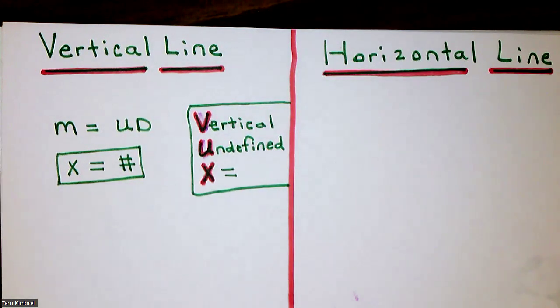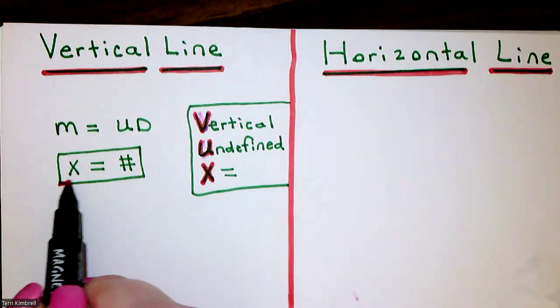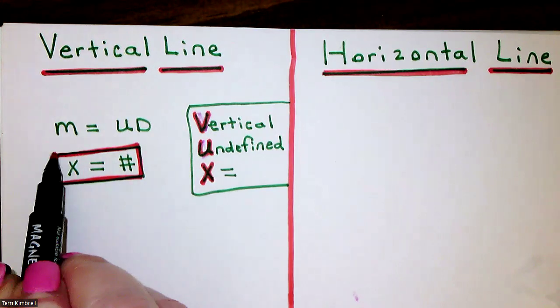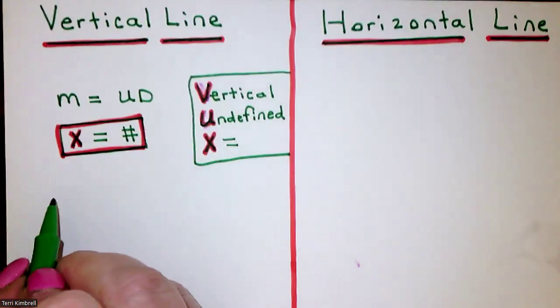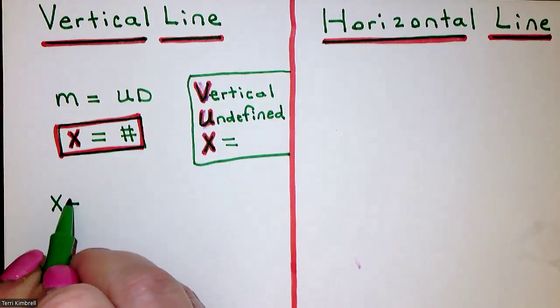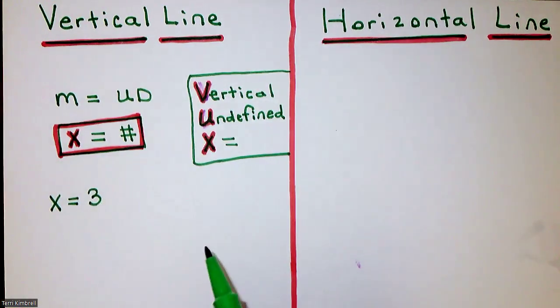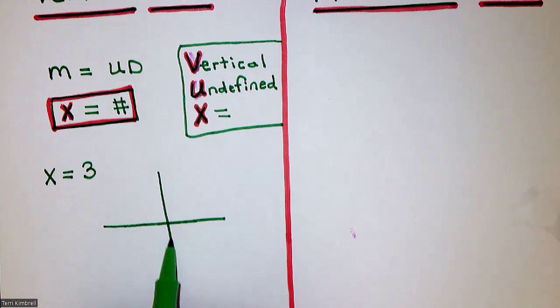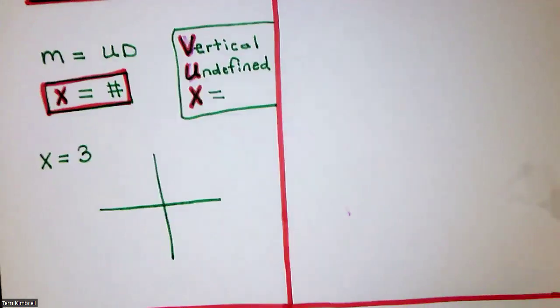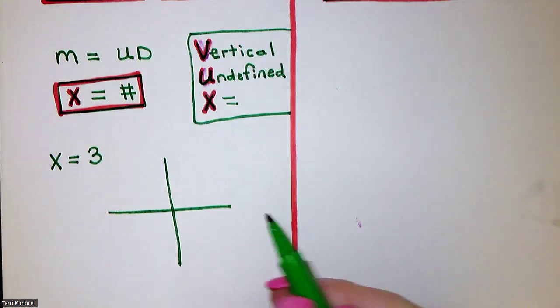So if you can remember that, every time that you see a problem and it's only got an x in it, then it's going to be vertical. So if you see a problem that maybe might look like x equals 3, that means when you graph that, you're going to go to your x-axis.